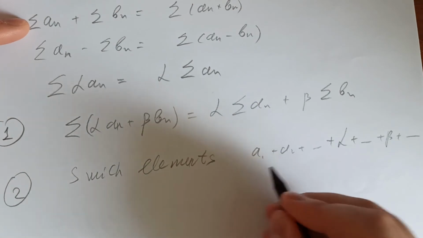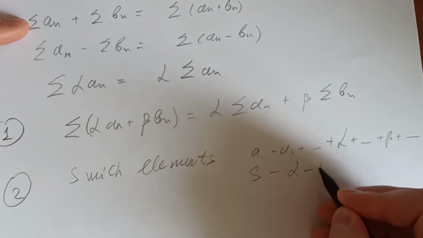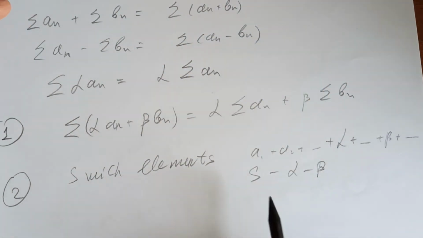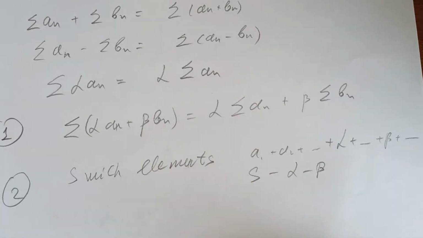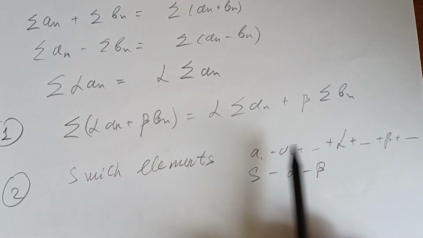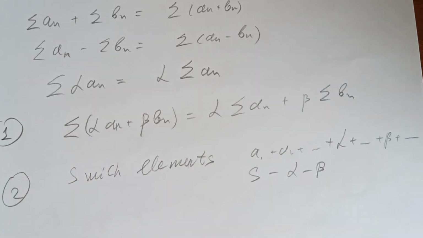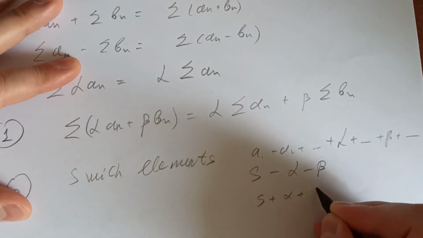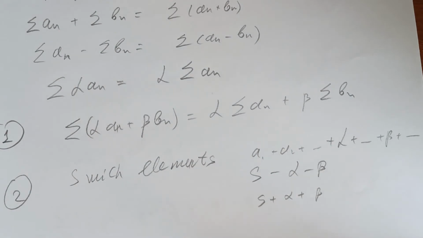So we will just have s minus alpha minus beta. But if s is finite, the result will be finite. If s is infinite, then the result will also be infinite. If we add some alpha and beta, again, if s is finite, then s plus alpha plus beta will be finite. But if s is infinite, then infinity it will be.